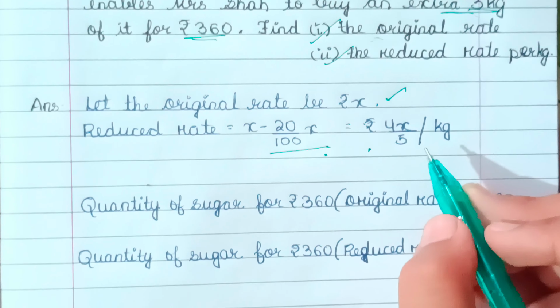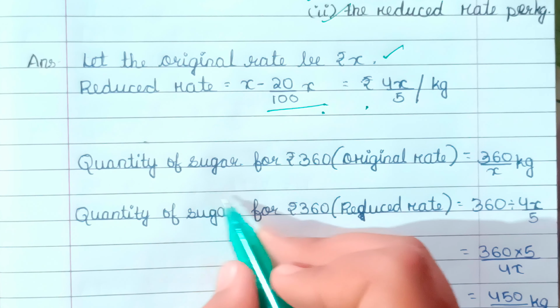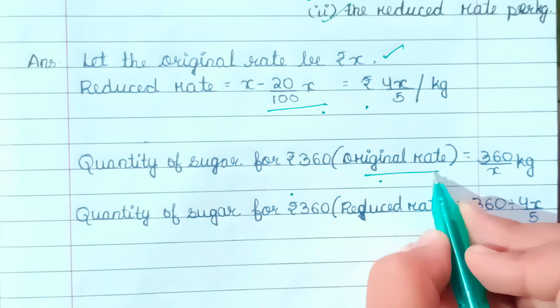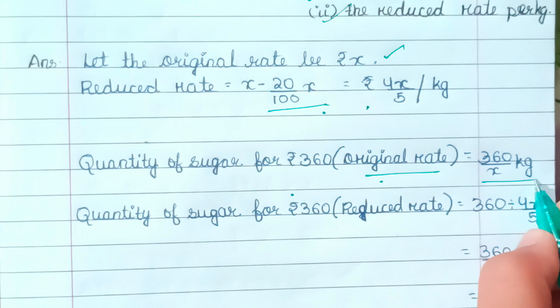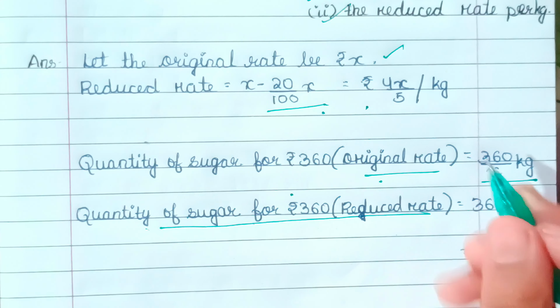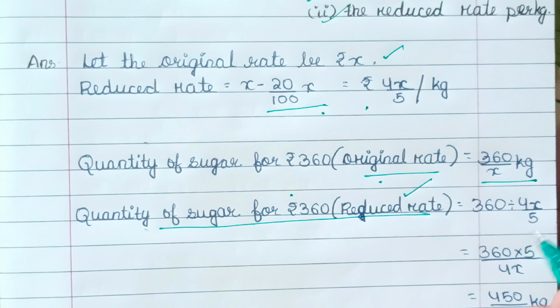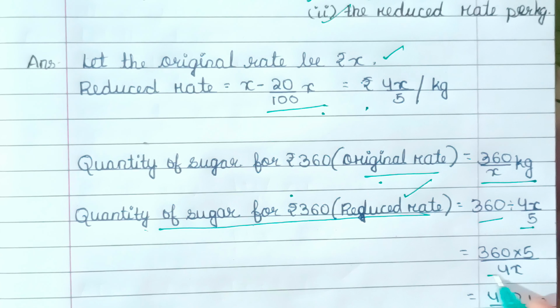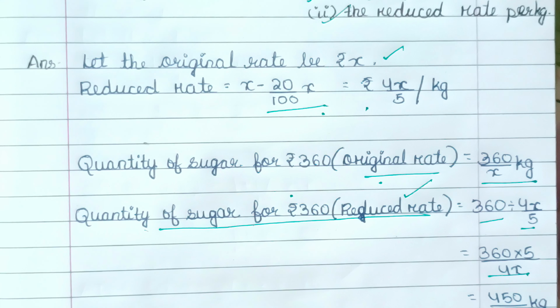So now we get the quantity of sugar for rupees 360 at the original rate, that is rupees 360 upon X, that is 360 by X kg. And the quantity of sugar for rupees 360 at the reduced rate is 360 divided by 4x by 5, that results in 360 into 5 by 4x, and that is 450 by x kg.